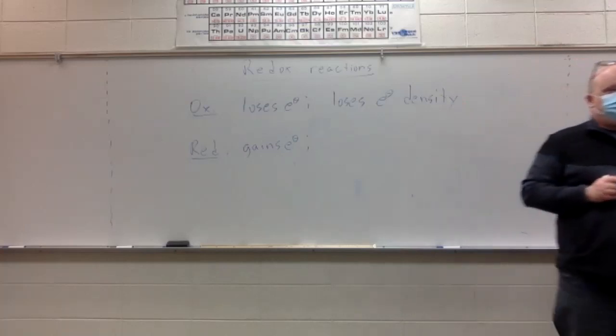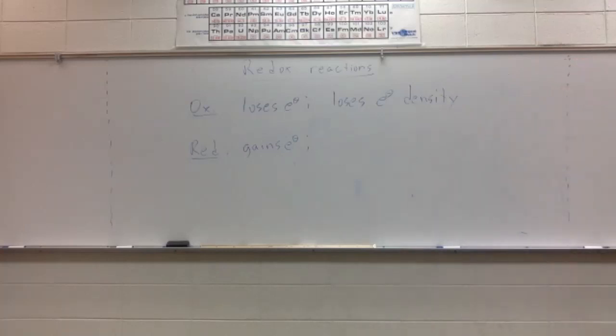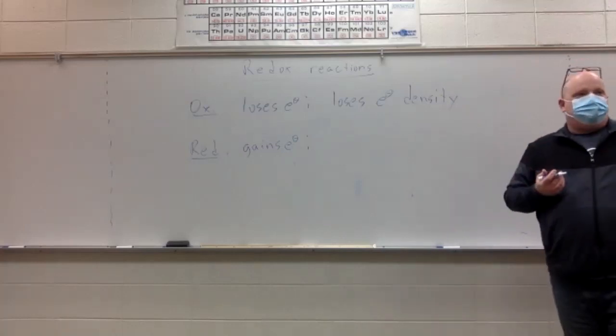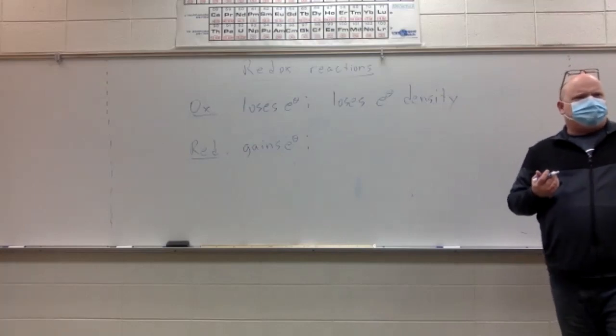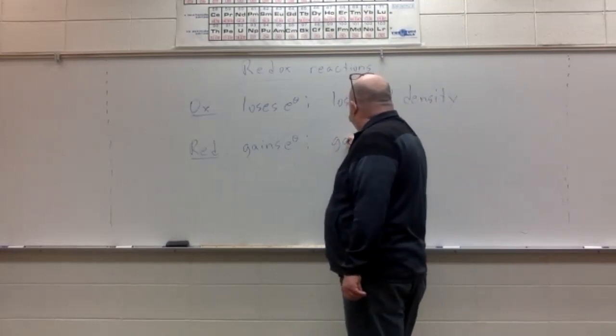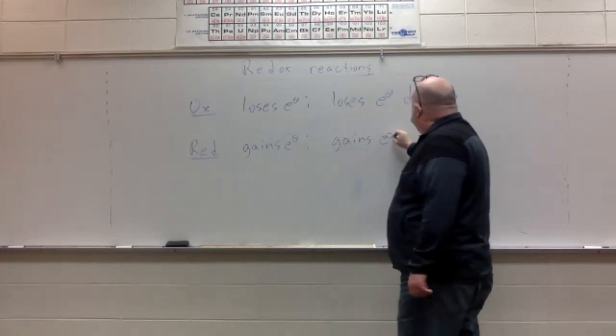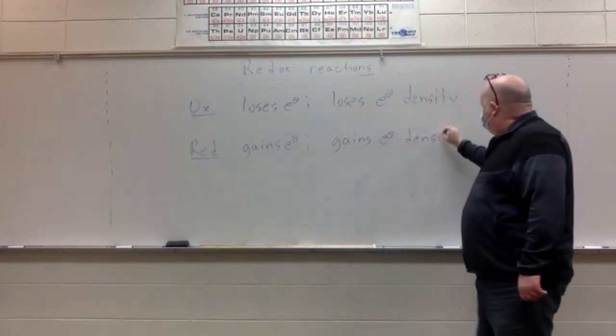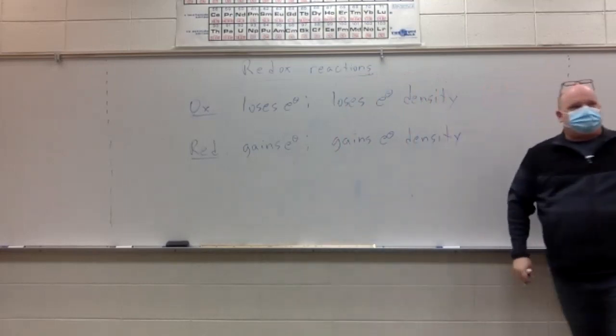In oxidation of an organic compound, one of those atoms, when it's oxidized, tends to have less of a hold on the electrons than it did before. Does that make sense? Okay. And reduction is the opposite. Gains electron density.